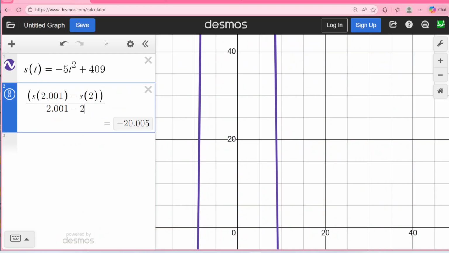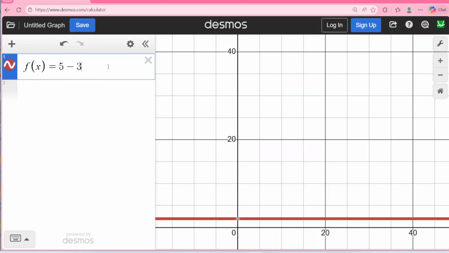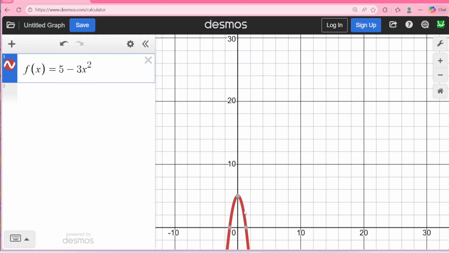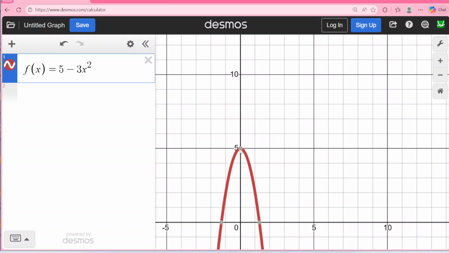So I'll go to Desmos, enter this f of x function. All right, here's what we were given. 5 minus 3x squared. So again, the parabola, this is the picture I drew earlier, right, with the 0, 5 on top. And I want to calculate, again, the slope of the secant line from x equals negative 0.01 to 0.